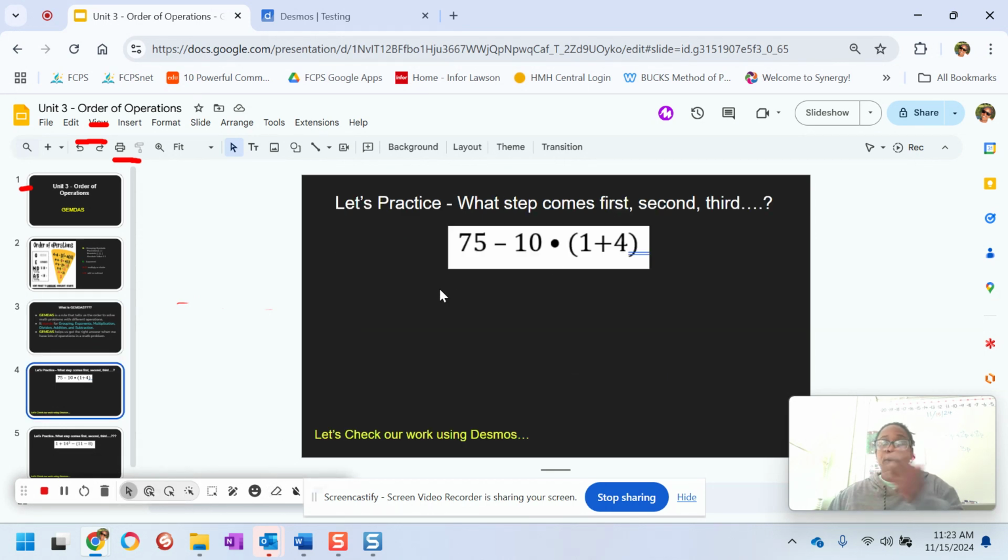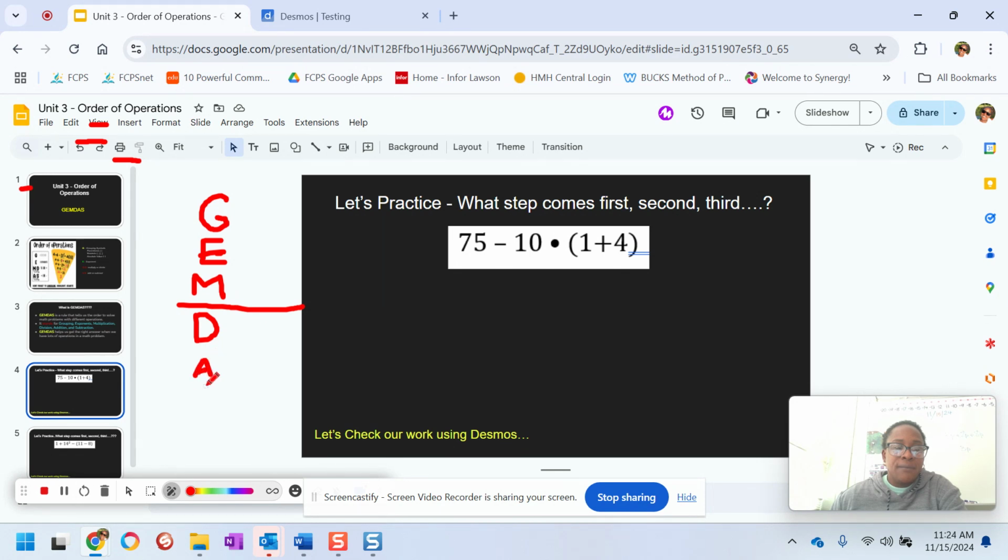So let's actually put GEMDOS to work. The one thing that I enjoy the most is making sure that I write down the G, E, M, D, A, S. This helps me with my order.